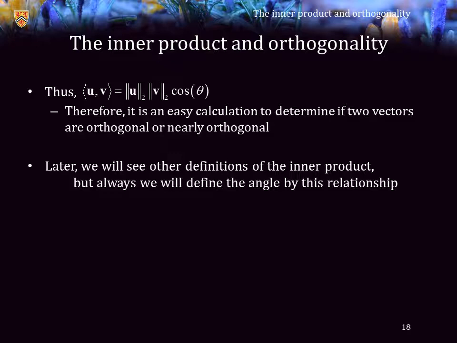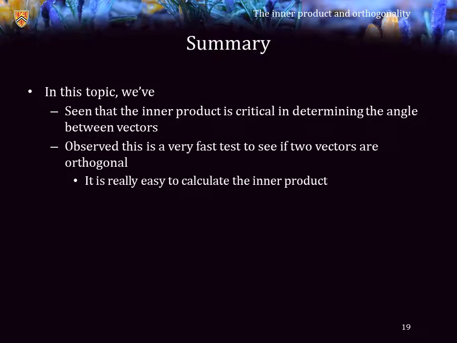Later, we're going to see that there are other definitions of the inner product for other types or classes of vectors, but we will always define the angle based on this definition of the inner product. So in summary, in this topic, we have seen that the inner product is critical in determining the angle between two vectors. We've observed that this is a very fast test also to see if two vectors are orthogonal.